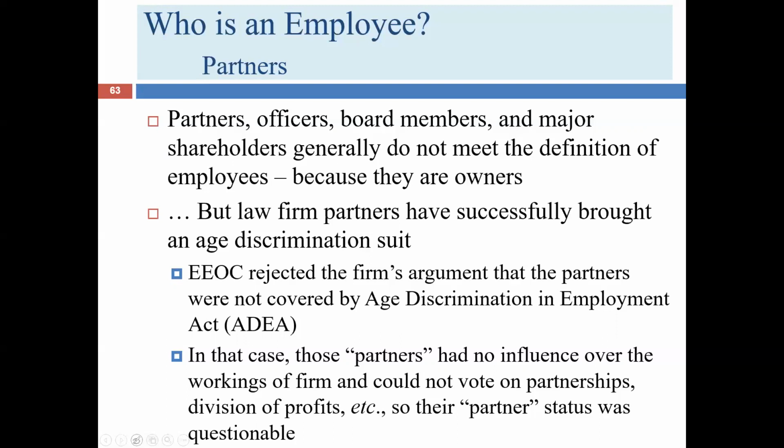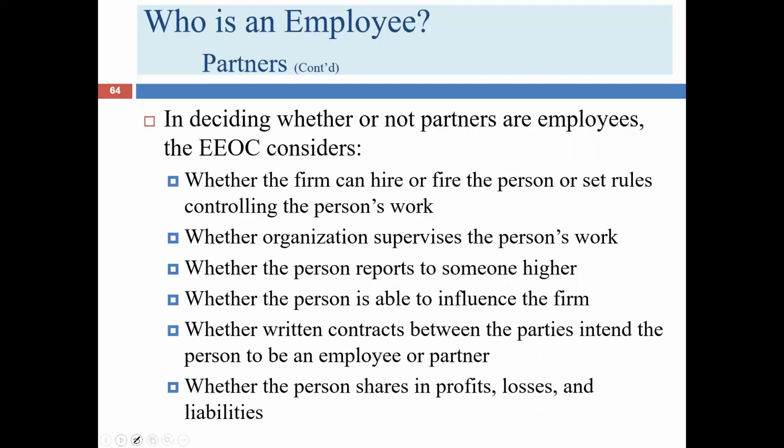And again, the facts need to be pretty persuasive. You would really need to see facts along this line that really undercut the argument that these quote-unquote partners really are partners. So if the partners really don't have influence in the workings of the firm, if they can't vote on partnership issues, if they don't receive a division of profits, those would be indications that while they might technically have a named partner, the substance of the arrangement perhaps isn't a true partnership situation.